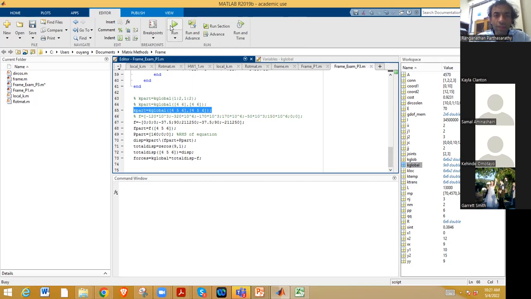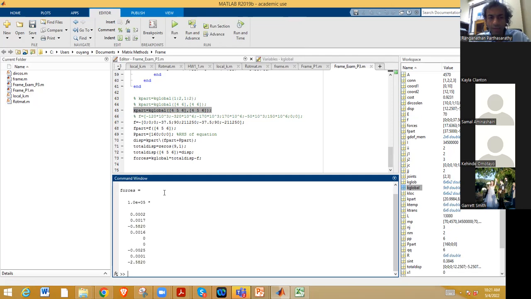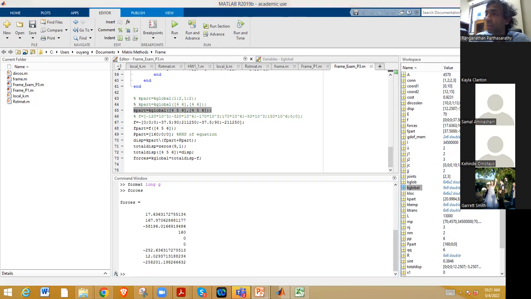So let's run it. Let's check our forces. Okay. So let's check whether our equilibrium is satisfied. So I'm going to enter the MATLAB reactions here.